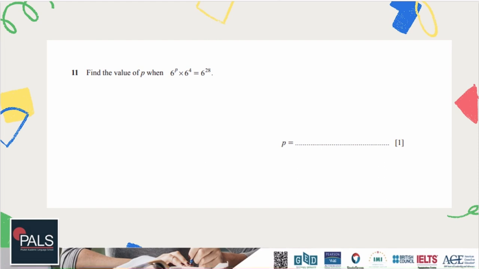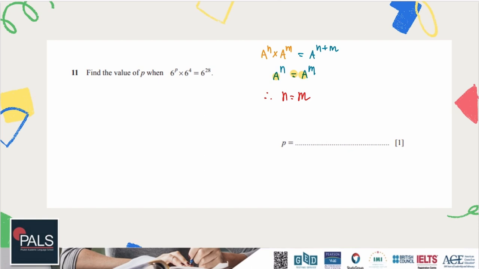The rule is a to the power n times a to the power m. If they have the same base and it's times, right, we will add the exponents. It's a to the power n plus m. And the next rule, if a to the power n equals a to the power m, if they have the same base and they are equal, what does it mean? So n equals m.